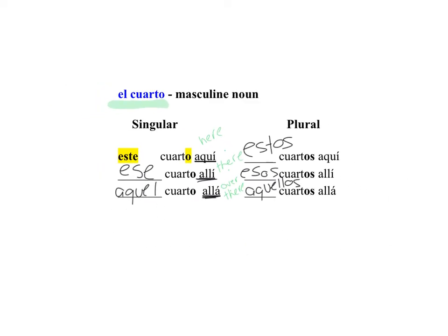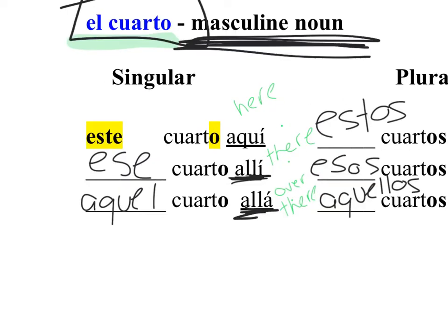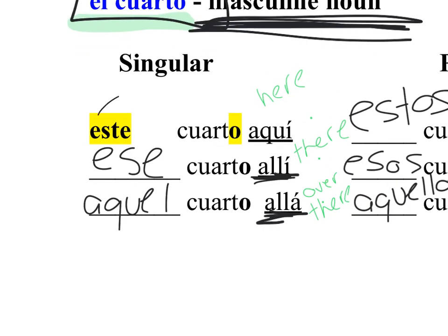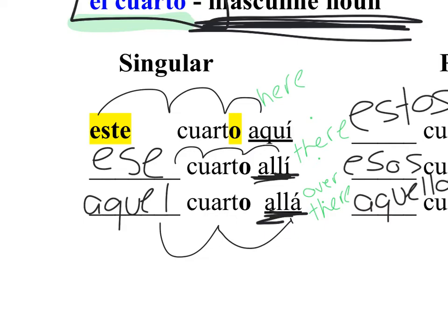So again, aquí can only go with este, allí can only go with ese, and allá with aquel. And we're using masculine right now because the word cuarto is the given word. It's masculine. So all your nouns have to be masculine. So this sentence is saying this room here, that room there, that room all the way over there.